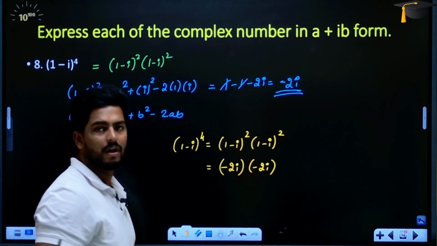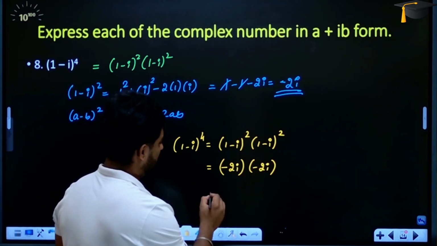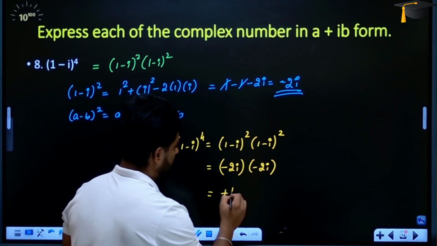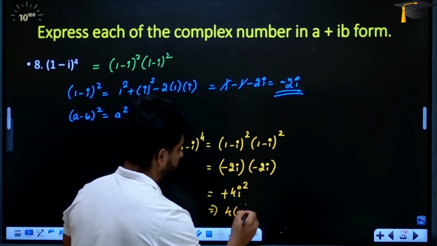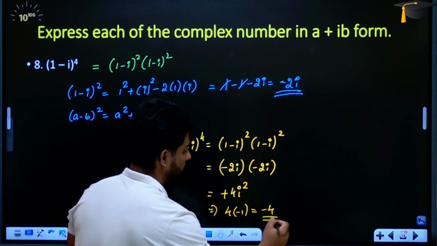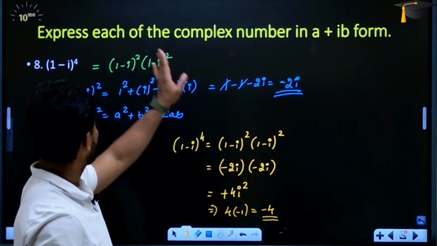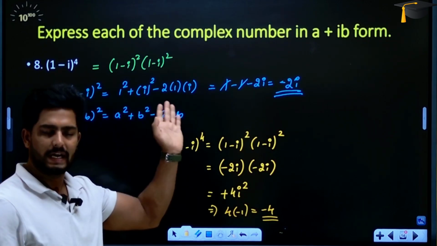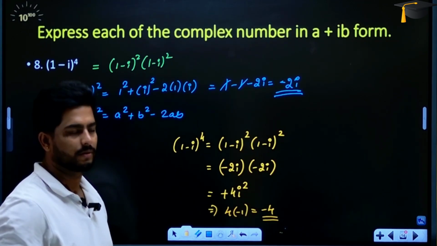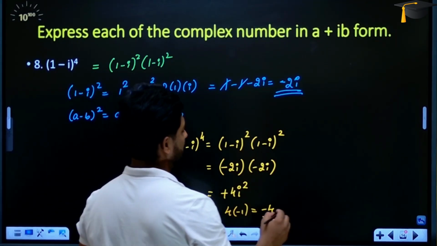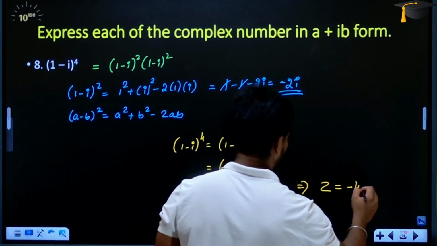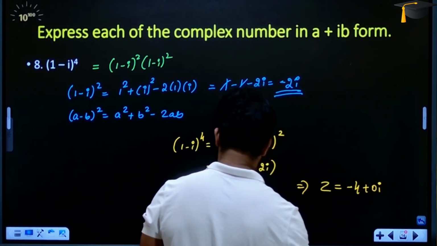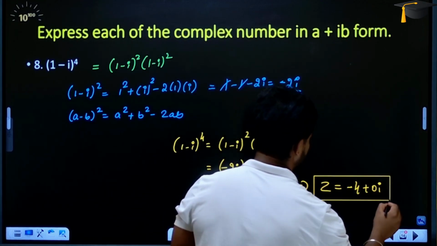So it becomes plus 4i square, right? 4i square is 4 into minus 1, which is nothing but minus 4. Okay, that's all, nothing more. It was looking bigger but it is not actually bigger, it's a very simple question, children. If you plan correctly, you can do it easily. So z is equal to minus 4 plus 0i is the right answer. That's it.